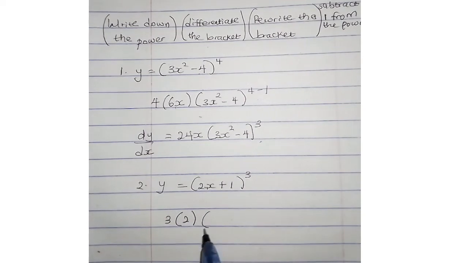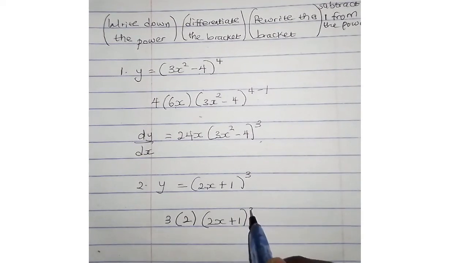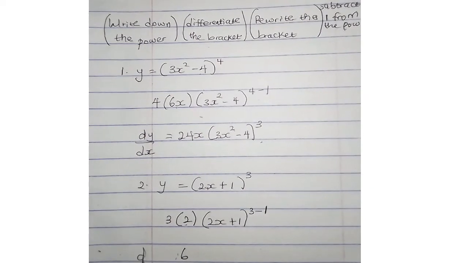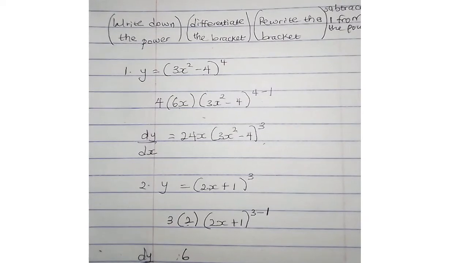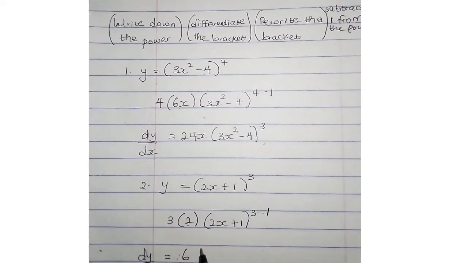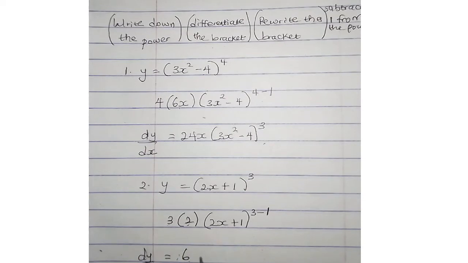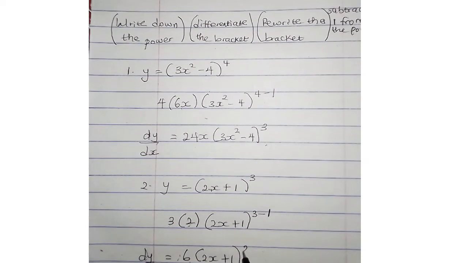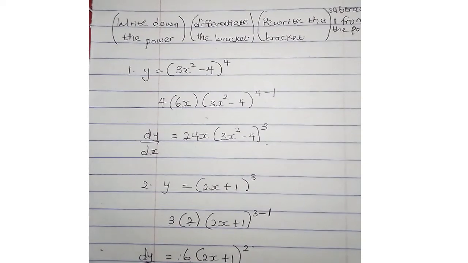Then we rewrite the brackets, subtracting 1 from the power. So 3 multiplied by 2 gives us 6. So our dy/dx is going to become 6 all into (2x plus 1), and subtracting 1 from the power, we have just 2. So this is it, the shortcut for using the chain rule.